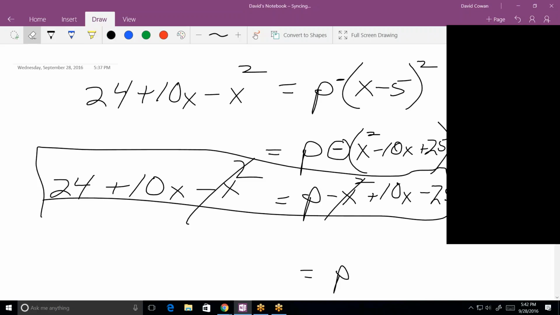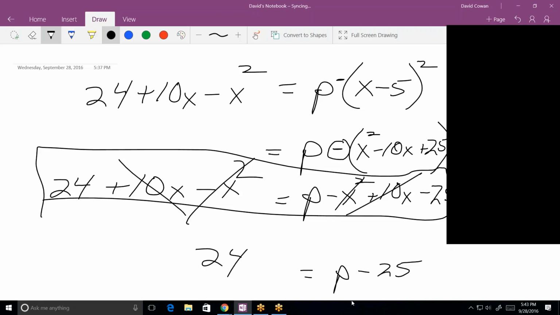I'm not. Very important to distinguish between multiplying and adding or subtracting. How about the 10x? You can subtract that from both sides. Yeah, that gets rid of that. And I'm left with p minus 25 equals 24.